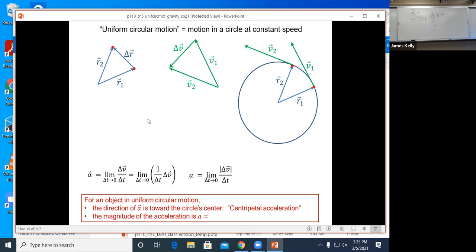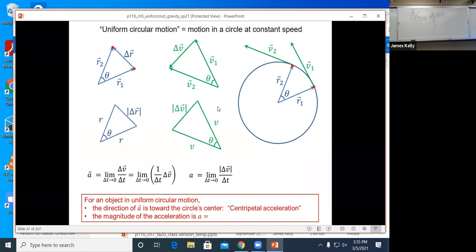And we're just going to compare these two triangles, but since they have vectors on them, the first thing I'm going to do is just take the absolute value, the length of each vector, and make a standard triangle. Okay, so let's call that angle theta in between time 1 and time 2, and let's notice that it's the same angle in these two triangles there. When you rotate through an angle theta there, this velocity vector rotates through the same angle there.